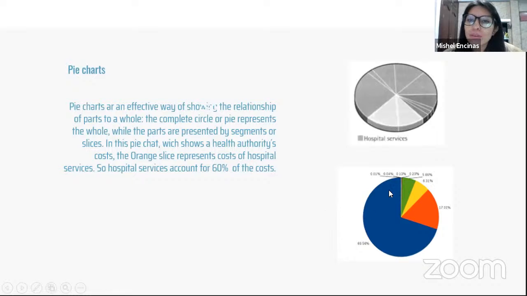The costs are made in slices or segments, and this one represents almost 60%. Okay? Do you understand? Do you have any questions here? No, Miss. I don't have any question. Okay. Let's continue then.